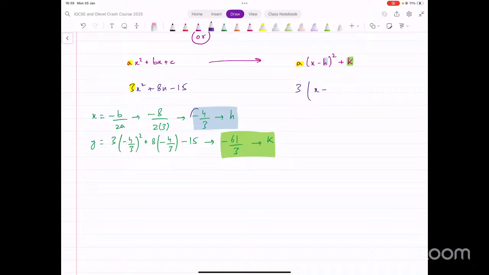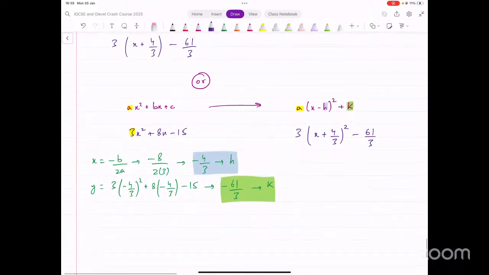Now, minus 4 over 3, that becomes plus 4 over 3, x plus 4 over 3 whole squared. And outside, k is minus 61 over 3, so you have minus 61 over 3 outside. This is another way of finding that completed square form using this other method, minus b over 2a method.